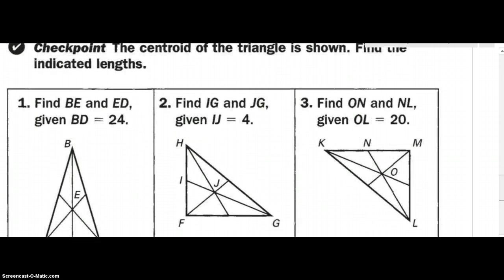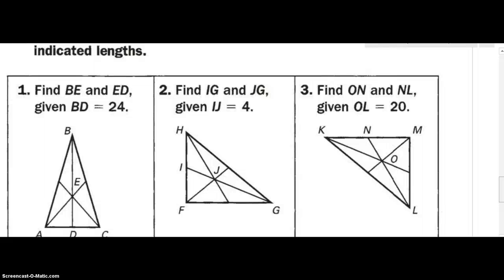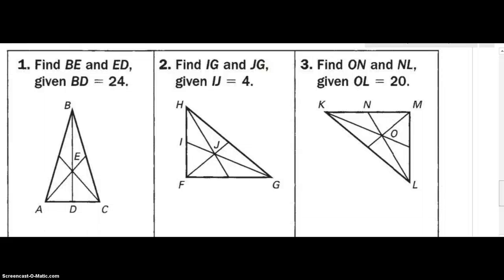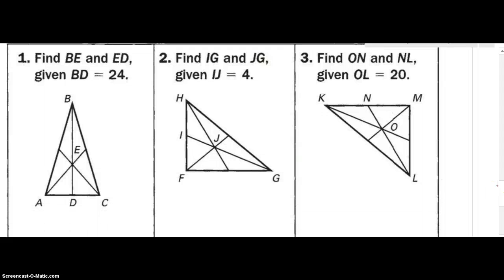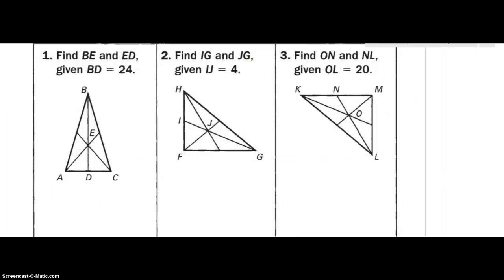Checkpoint. The center or the centroid of the triangle is shown. Find the indicated lengths. Just try checkpoint number 1. Okay, so for this one, they give you the entire length of the median. So BD is 24. We want the pieces of the median, so we're going to take that 24, we're going to divide it by 3, and we get 8.